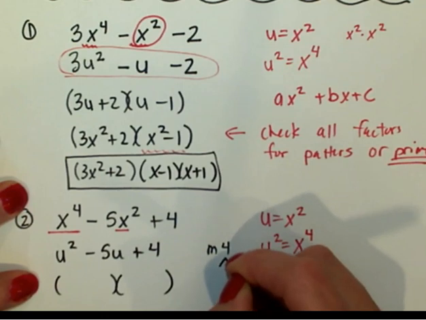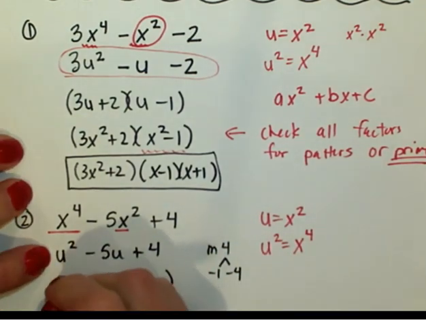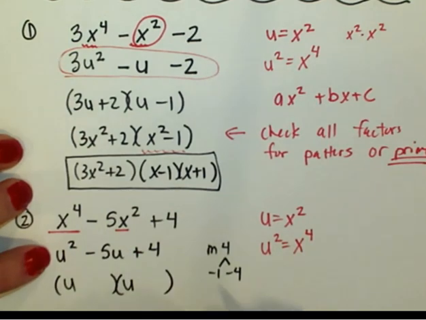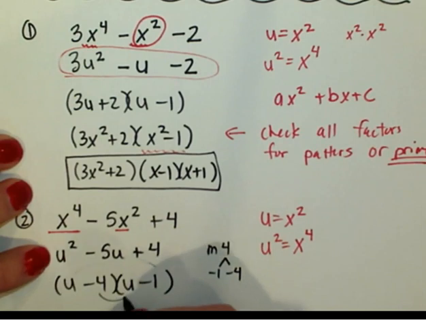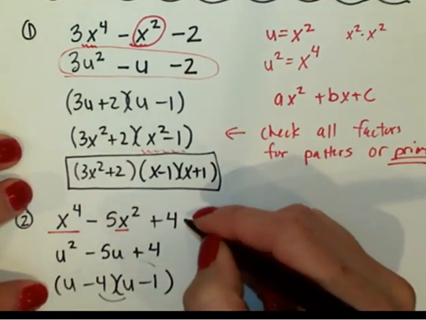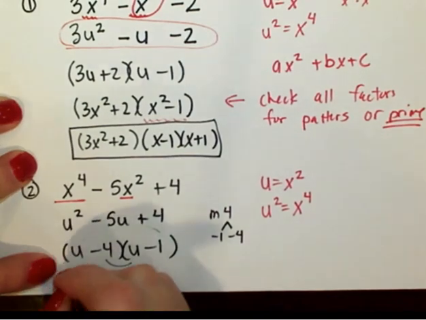Multiply to 4, add to -5. In this case, the leading coefficient is 1, so it should be very quick to guess and check. Outer, inner, last. Start the problem with x's, finish the problem with x's.